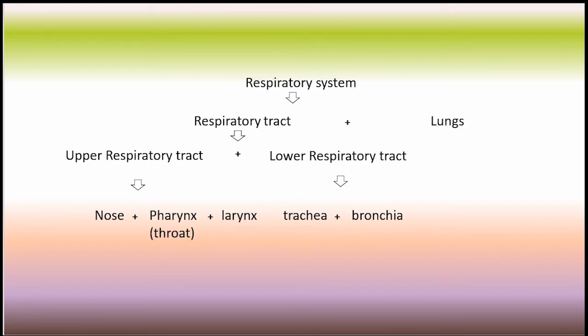Then we see respiration systems. Generally speaking, it includes two parts. One part is the tract part or tube part. Another part is the organ part. The organ part is the lung.